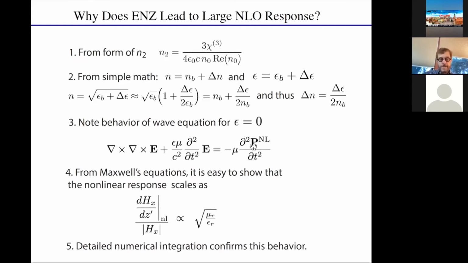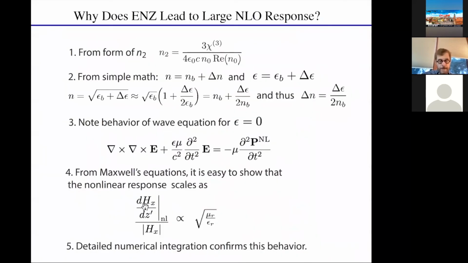We usually think that the nonlinear polarization is a perturbation on the linear response, but here there is no linear response. So this vanishes, and this is the only term. Okay, and finally, from Maxwell's equations, it is easy to show that the nonlinear response scales as the square root of mu over epsilon.